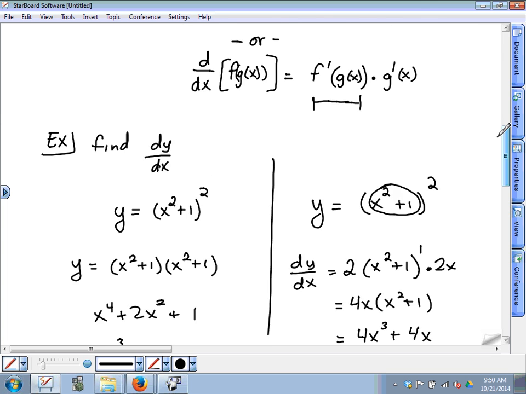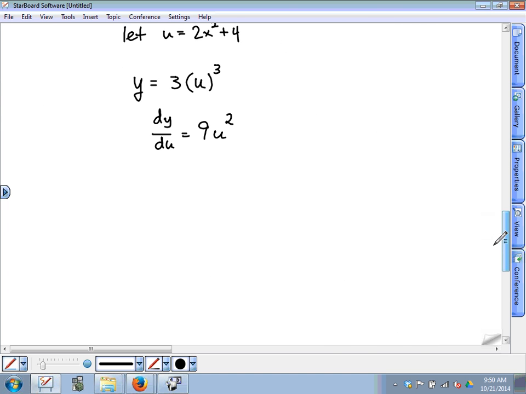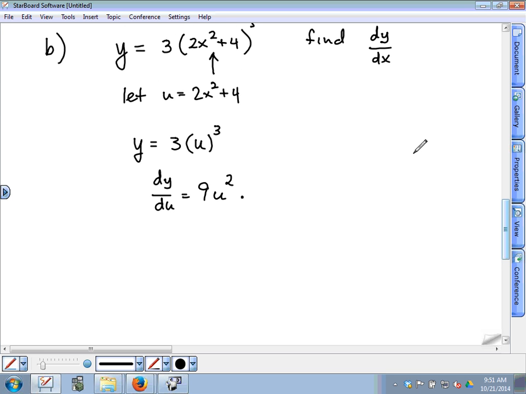But the other part of the definition is it's not just dy/du, it's dy/du times the derivative of u with respect to x. So now we would have to multiply this by the derivative of this. What's the derivative of this? Times 4x. But what is u really? So if it helps initially, you can make that u substitution if you want. I hope you'll get to the point where you don't need to, but it can be done that way if it helps.